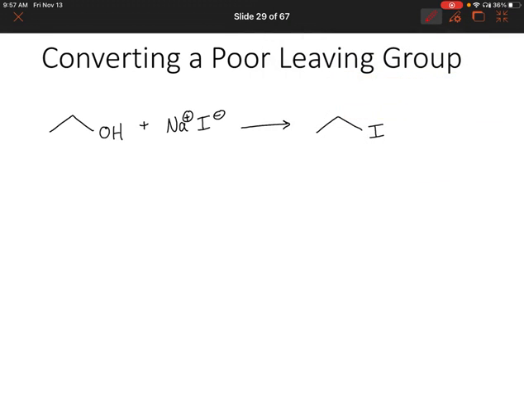So we would expect that that iodide would attack the carbon next to the OH group, and then the OH group would leave. And we end up with our alkyl halide as well as sodium hydroxide. However, remember that OH is a bad leaving group. It's a poor leaving group.